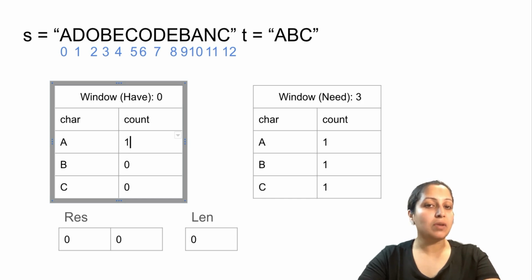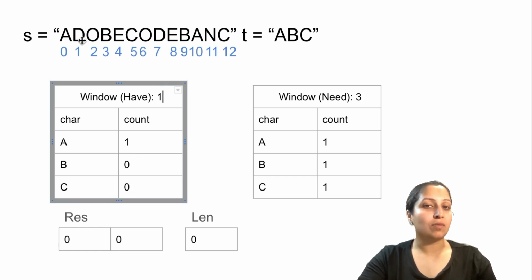But at the same time, we also increment one more count, which is the count of have conditions met. So our count of have conditions met increases from 0 to 1 because we needed 1 A and we have 1 A now. So we only need 2 more conditions to be met. We don't need to check for A again and again. Our one condition is met. We only need 2 have conditions to be met. And we'll only check the count of a character we come across if it has occurred in T.